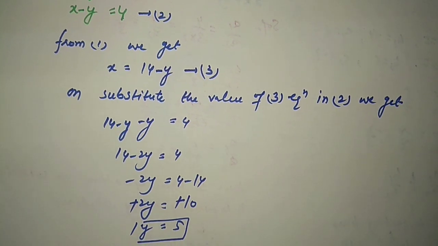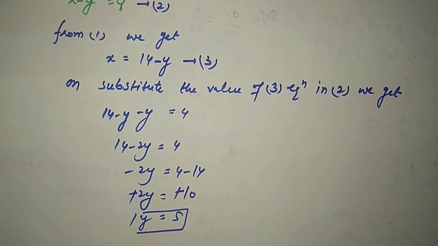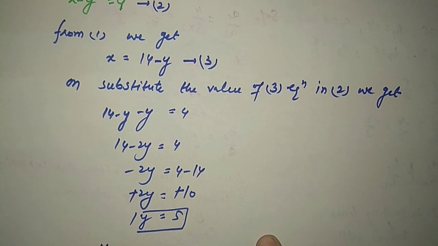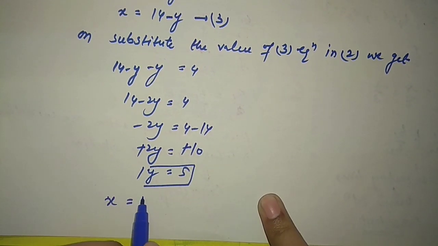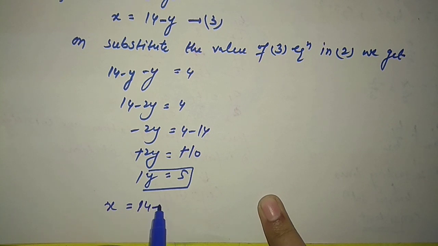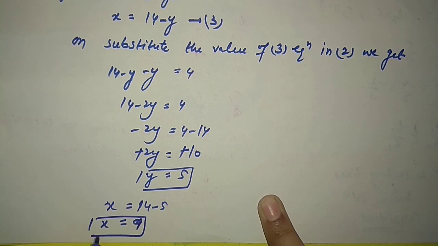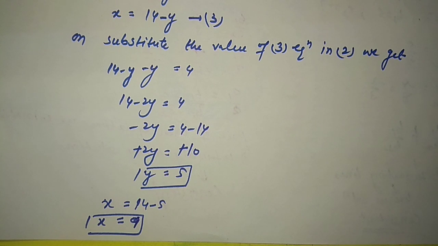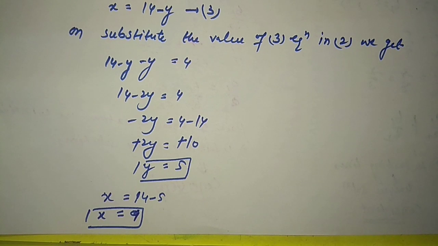So I substitute this value of y in our third equation, that is x is equal to 14 minus 5, that is we get x is equal to 9. So this is our required solution. x is equal to 9 and y is equal to 5. So this is our substitution method.